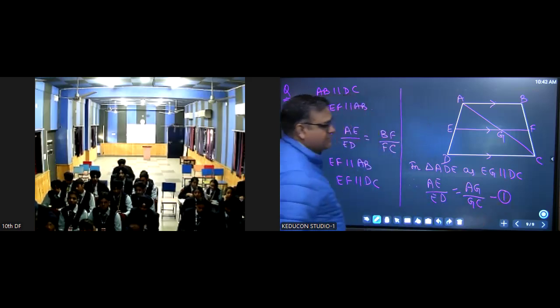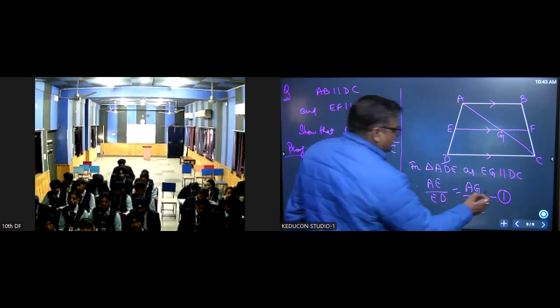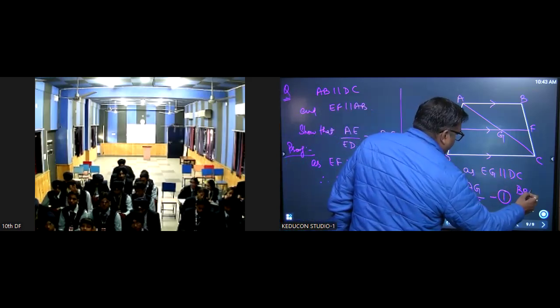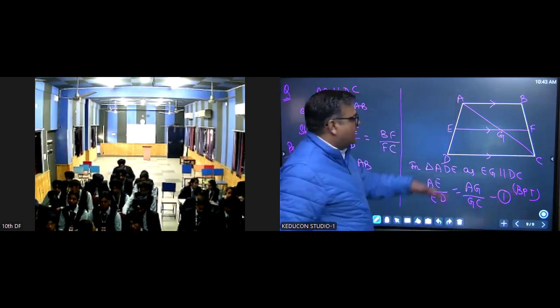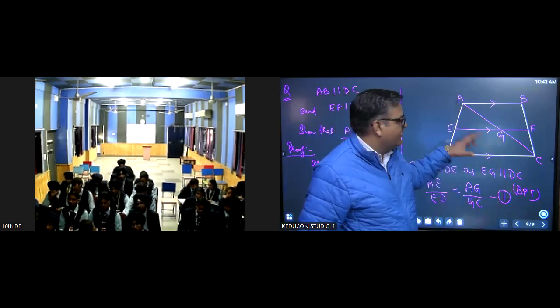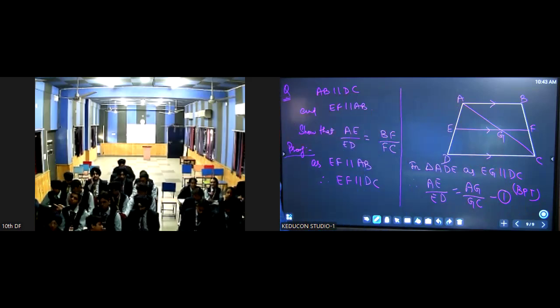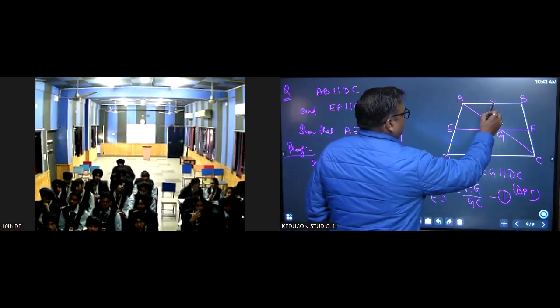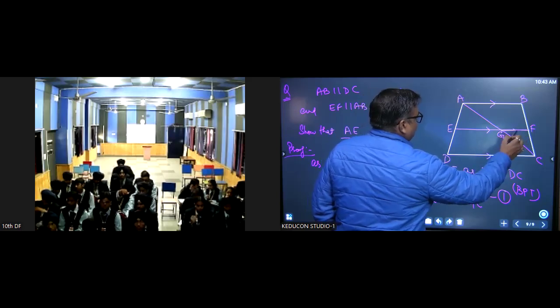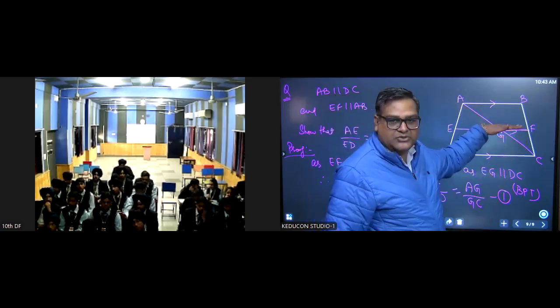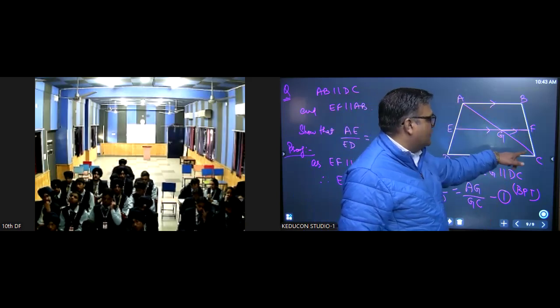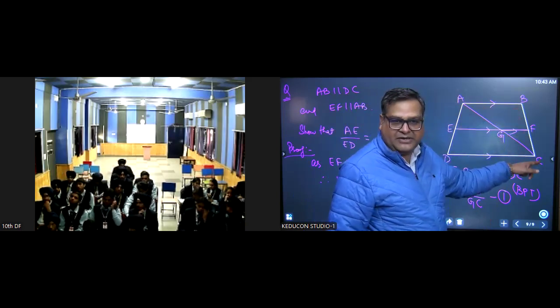Is this step clear जी? आप इसकी रीजनिंग क्या दोगे? बाय बीपीटी. अगर EG और DC पैरेलल है, इनकी साइड्स की रेशियो सेम हो जाएगी बेटा. एनी डाउट इन दिस? Now similarly देखिए, AB is parallel to EF, AB is parallel to GF, therefore AG upon GC will be equal to BF upon FC.